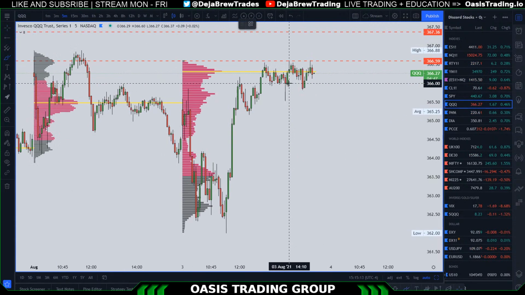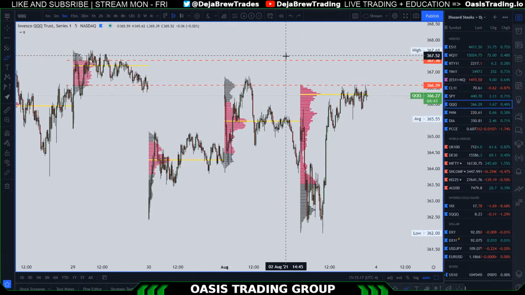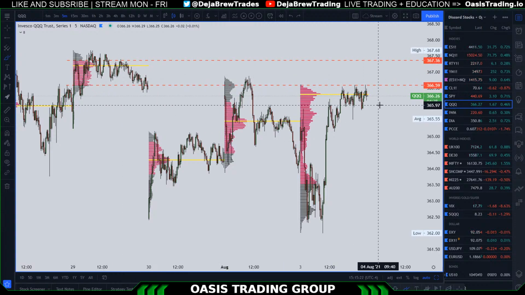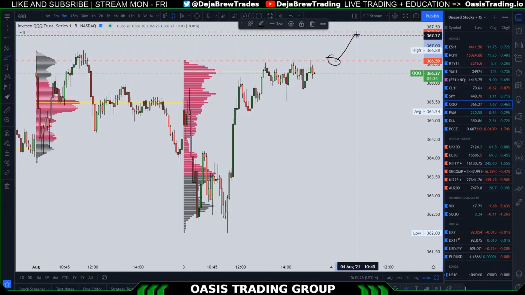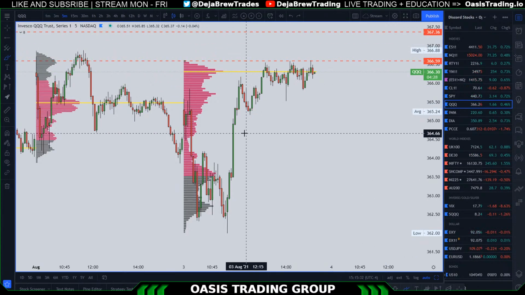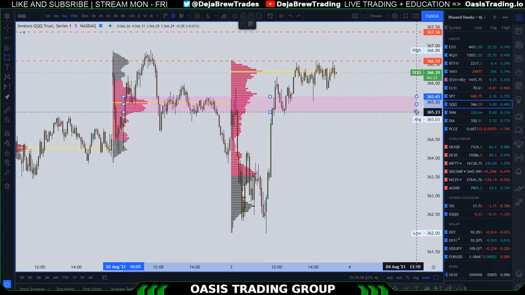You can see how we are actually acting as resistance. The top of today is the value area low of the 29th. Okay. So once we reclaim this, you should very quickly be able to get to 367.36. Okay. If you can't reclaim that, then you do have a lot of support around this POC node here.